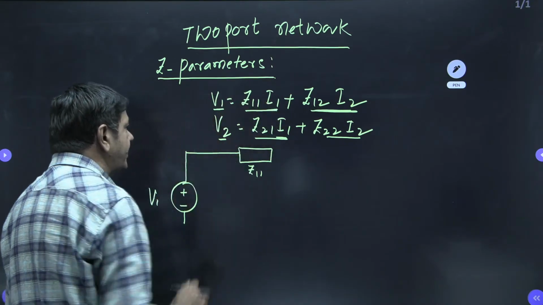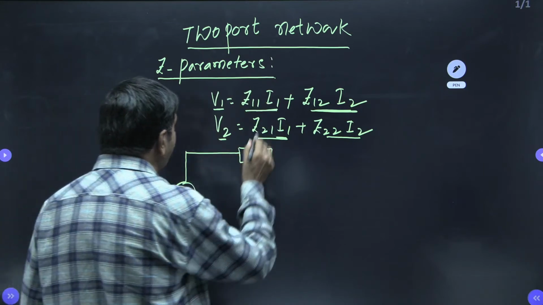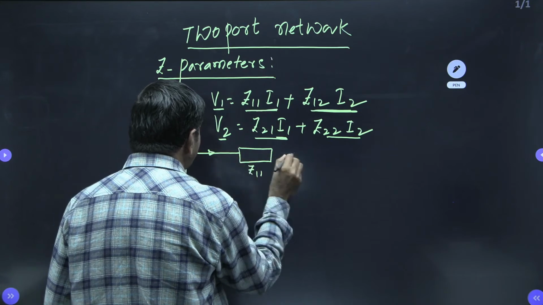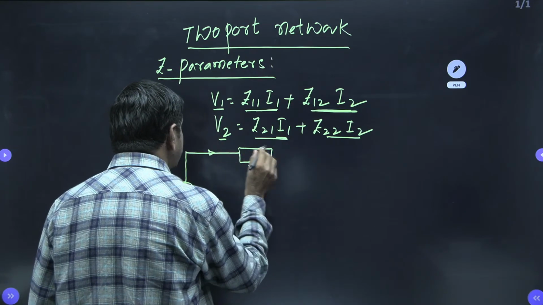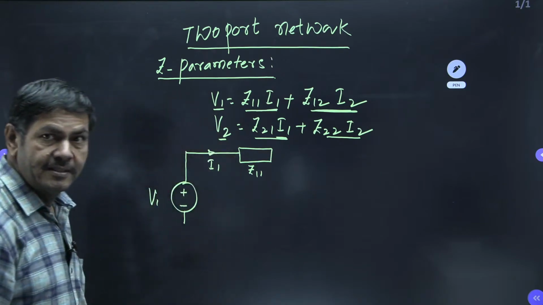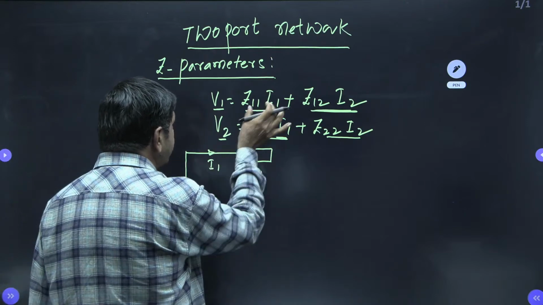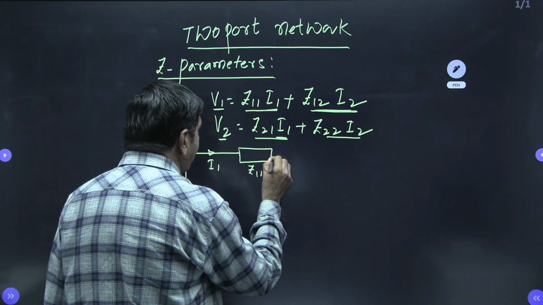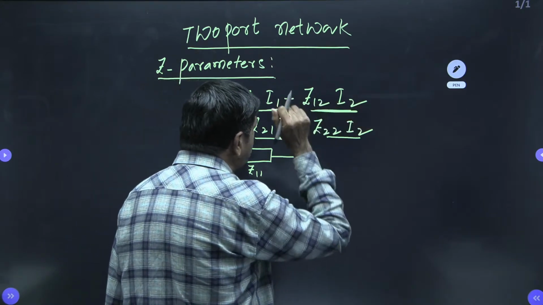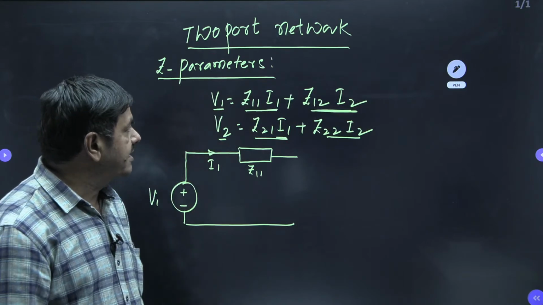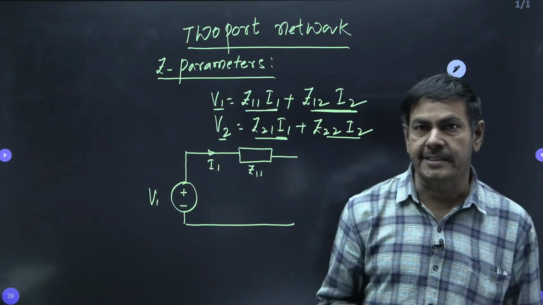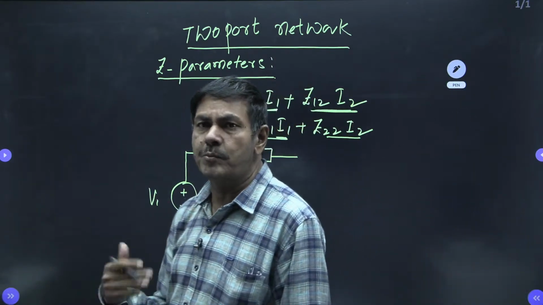I1 means the current passing through this element only. And the next voltage is given, Z12 into I2. There I2 is not an input parameter. It is an output parameter.